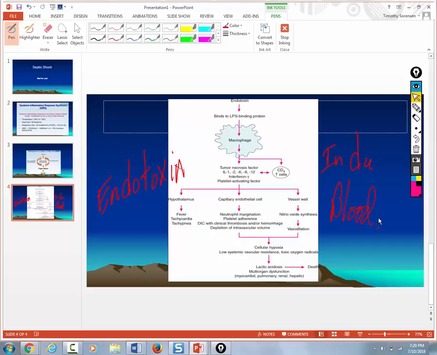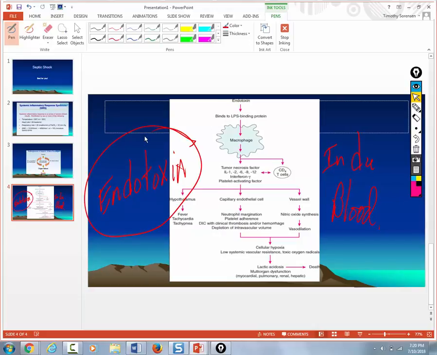Where does the blood circulate? So where do you have that infection? Everywhere. And if you have a gram-negative bacterial infection, what does that bacteria release? Endotoxin. Better write this down.